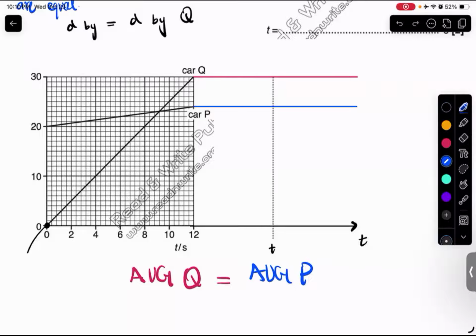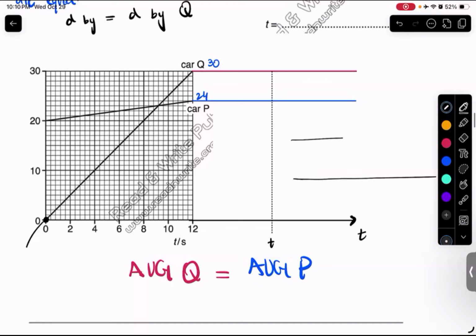Okay. But because car Q is faster, right? At this point, if you notice, car Q has a speed of 30, whereas car P has a speed of 24. Okay. So imagine on a road, this is the road.